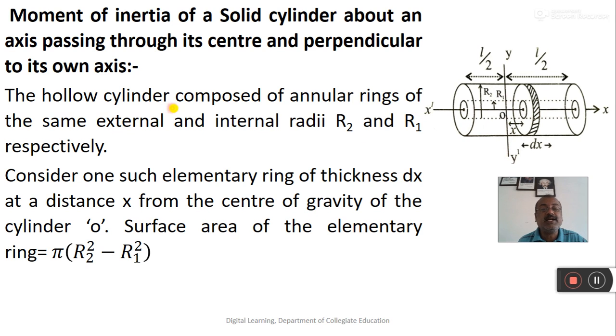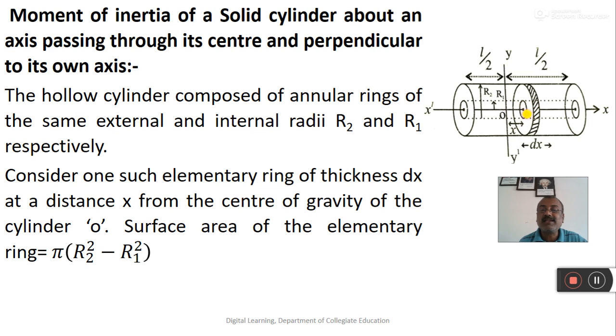The hollow cylinder is composed of annular rings of the same external and internal radii R2 and R1, where R1 is the internal radius and R2 is the external one respectively. Consider one such elementary ring of thickness delta x.